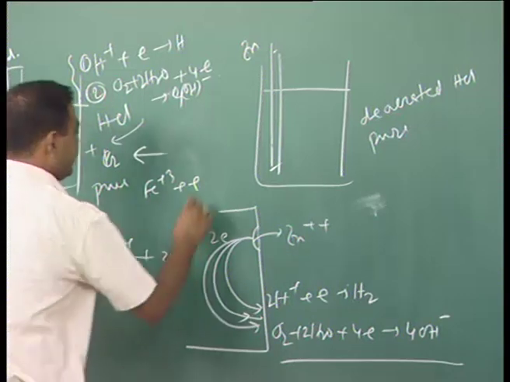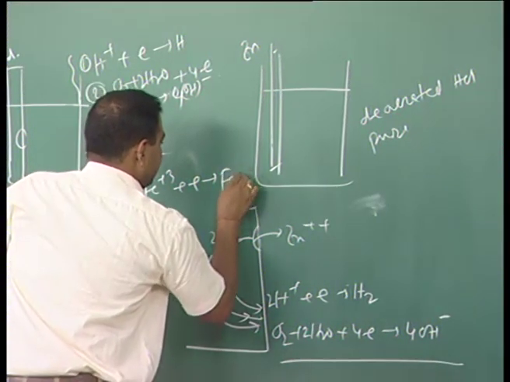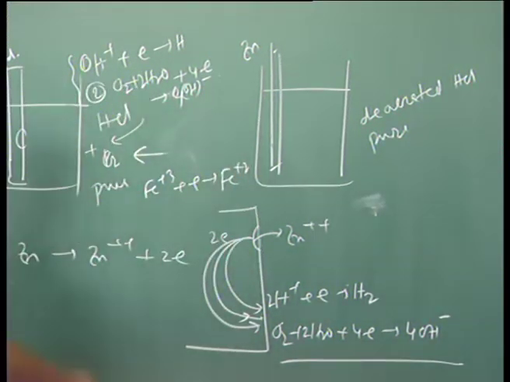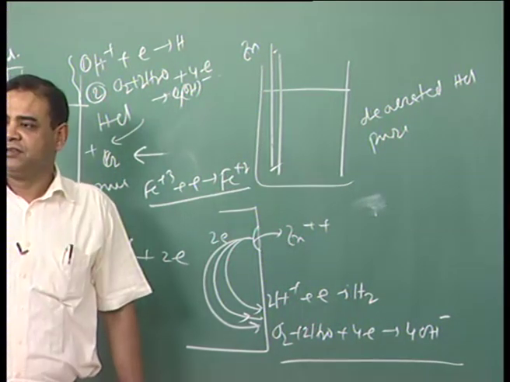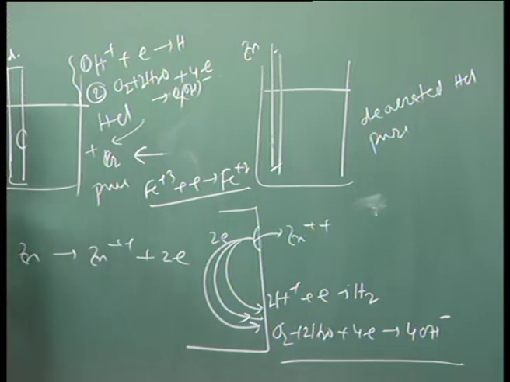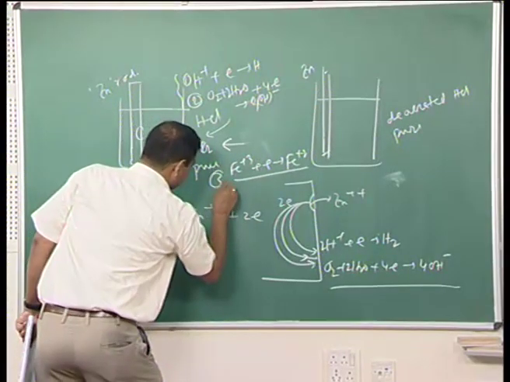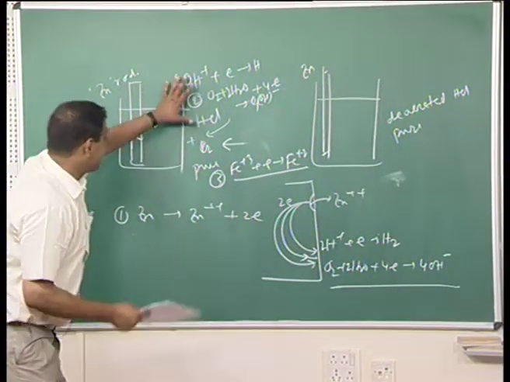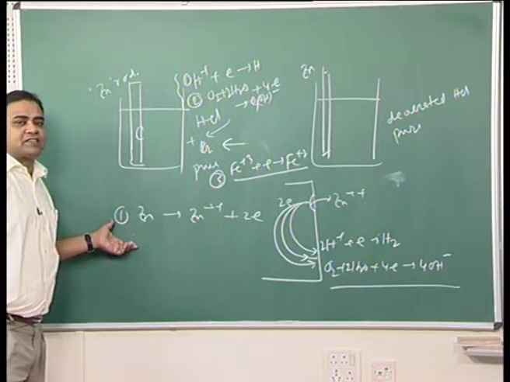One electron it can consume and form Fe plus 2. So, what is this? This is also electron accepting reaction. So, this is also a cathodic reaction. Now, you have 3 cathodic reaction and 1 anodic reaction.